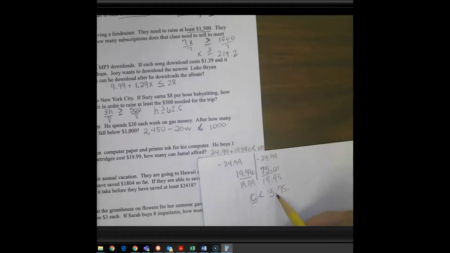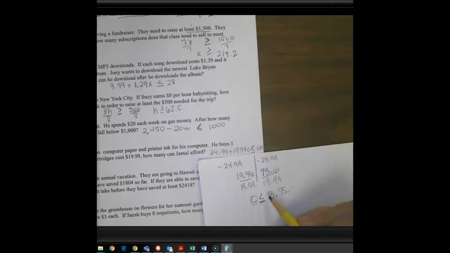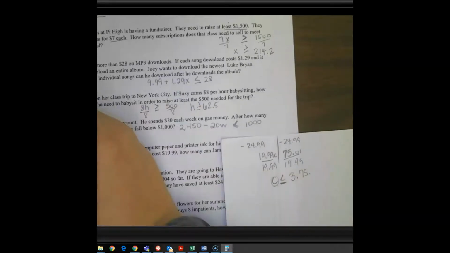So $75.01 divided by my $19.99 gives me 3.75. Sign's going to stay the same. So I need my cartridges to be less than 3.75. Well, if I go up to 4, it won't be less than 3.75. So I have to go down to 3, which is our letter I.